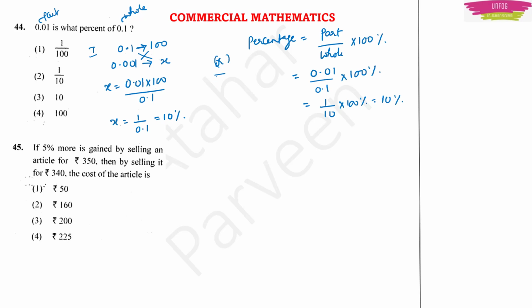So any method which you feel comfortable is correct, but ultimately your answer should be correct. No one is going to see your procedures in a competitive examination like this, right? They want the correct answer which you will be ticking in the OMR sheet. So 10% is the correct answer to this question.